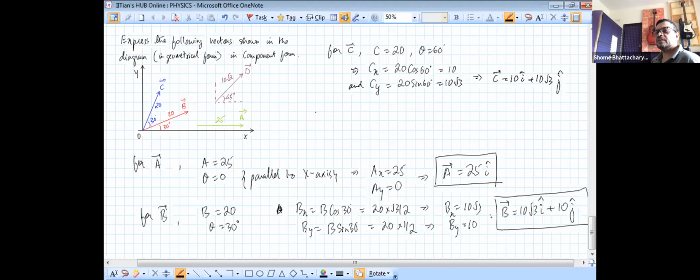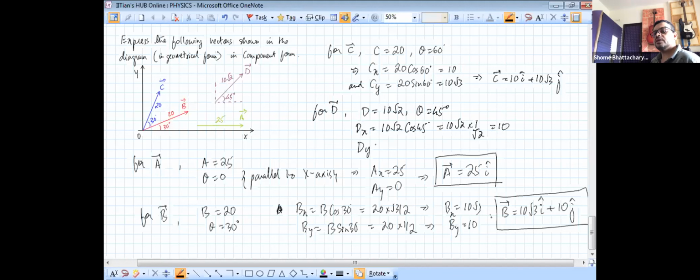And now similarly for the vector D, you will see that the magnitude of D is 10 root 2 and the angle is 45 degrees. So the x component of D is 10 root 2 cos 45. That is 10 root 2 into 1 by root 2, which is 10.